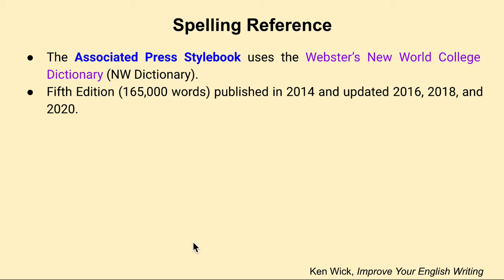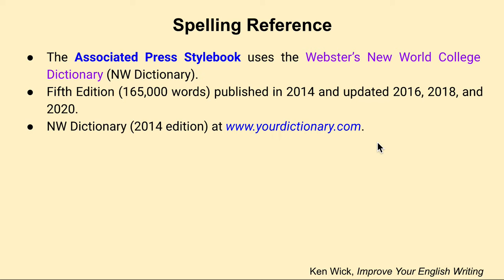I assume that means it will be updated in 2022 based upon this pattern. And the Webster's New World College Dictionary, the 2014 edition, is available free online at yourdictionary.com.